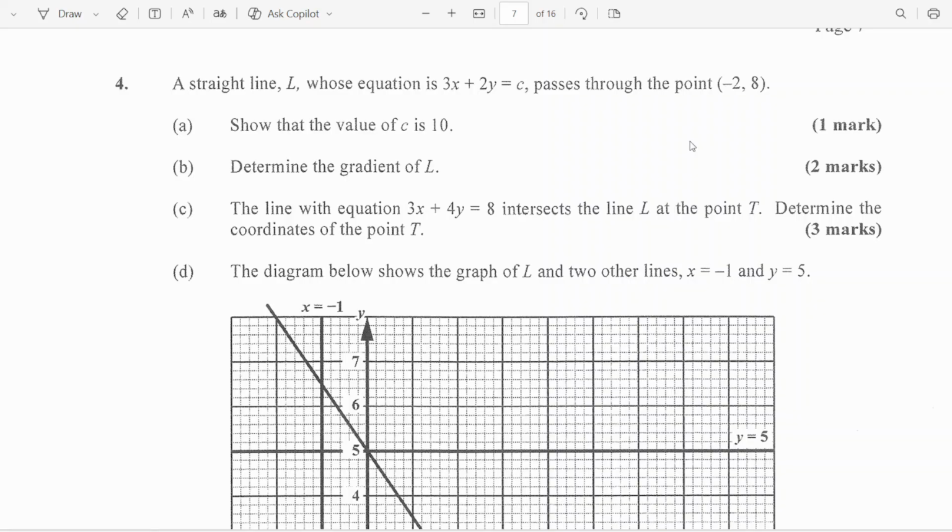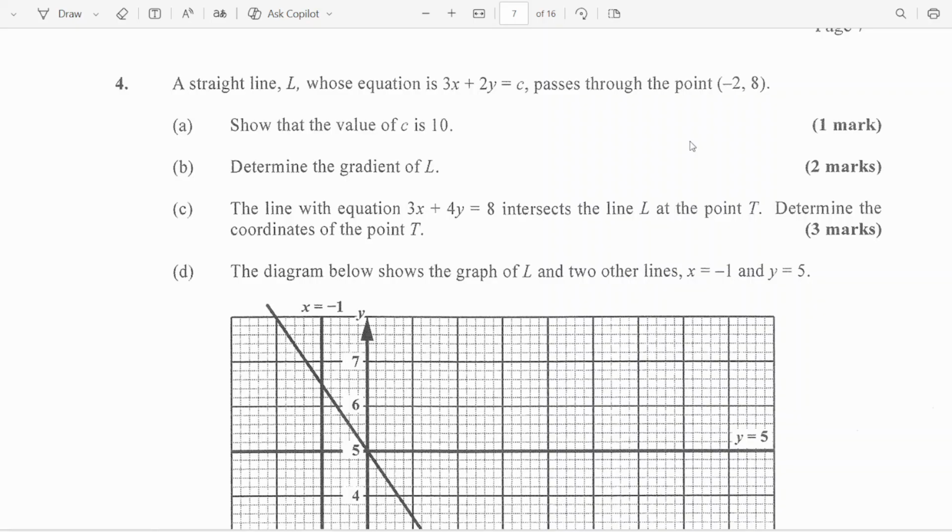So in y is equal to mx plus c, we have to be able to find out what the gradient is, which is m, and we have to find out what the y-intercept is, which is c. If we have a graph, we could choose 2 points on the graph, calculate our gradient, and also read off the y-intercept from the graph. The y-intercept c is where the line cuts the y-axis, right?